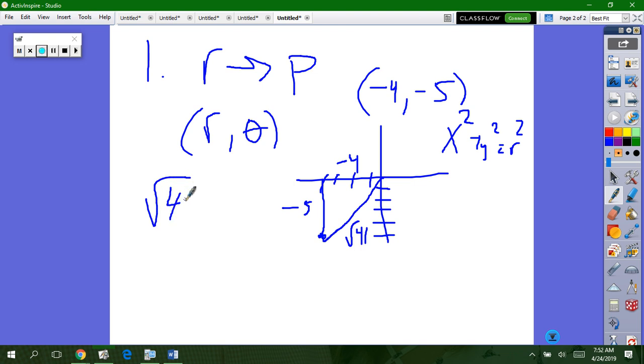Okay, and then what do we always use to find the angle? Well, I could actually use any of the trig functions, but what's always given to me if I have a rectangular point? The y and the x coordinate, right? Because we know that tangent of theta is y over x.